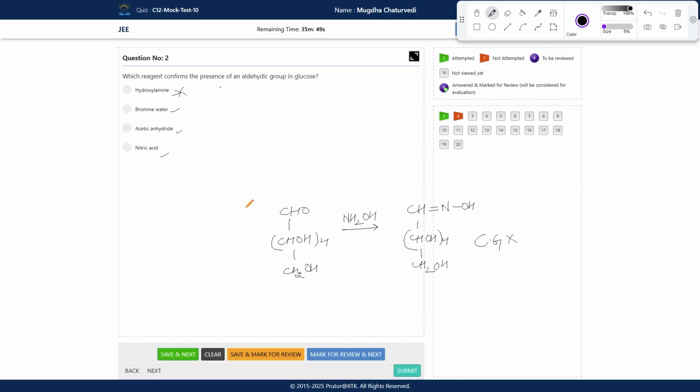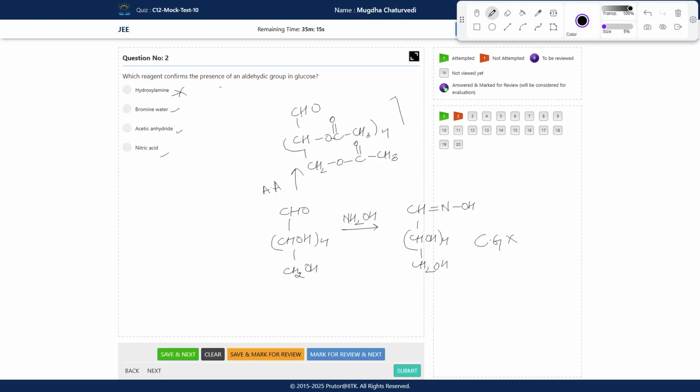Now, if we see with acetic anhydride, this glucose reacts with acetic anhydride and see what it forms. You will see over here C double bond O, CH3 whole 4, and CH2O, C double bond O, CH3.